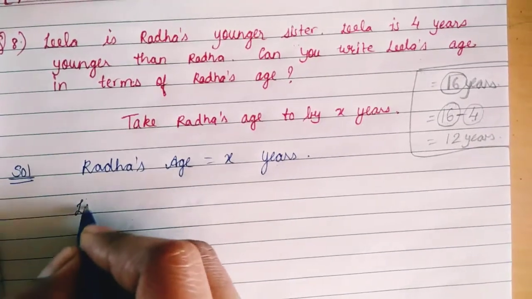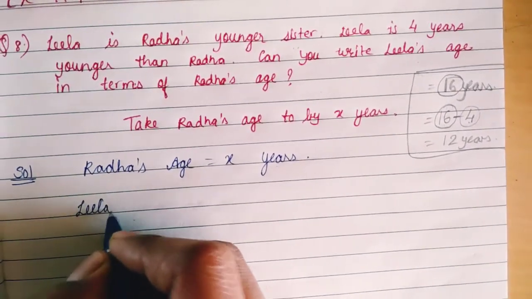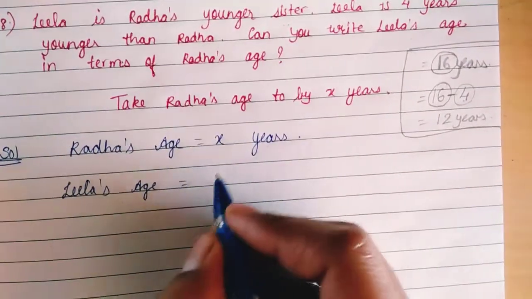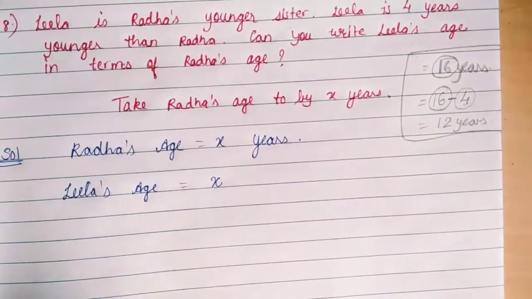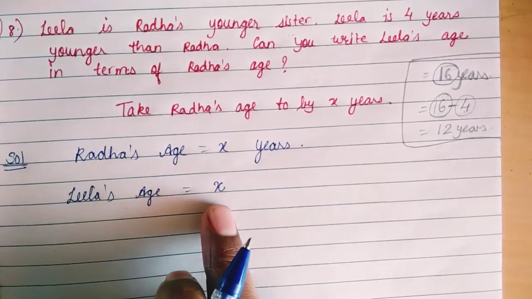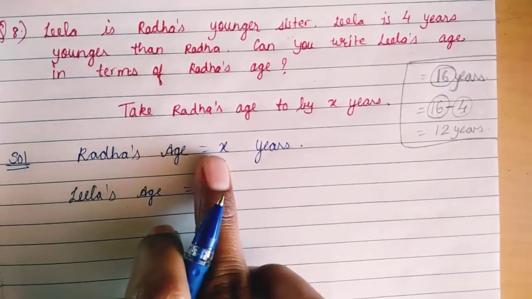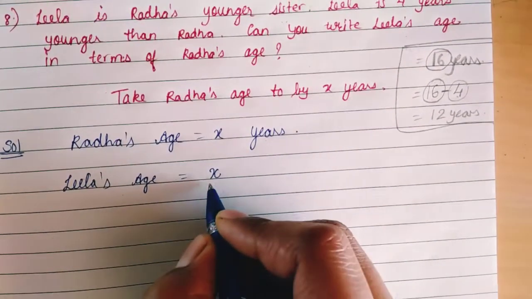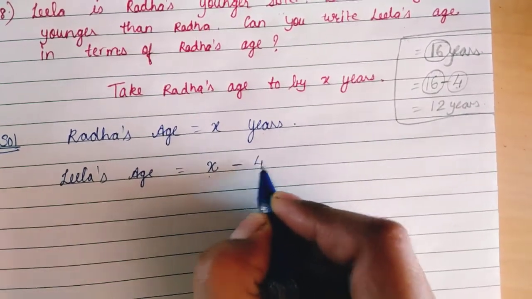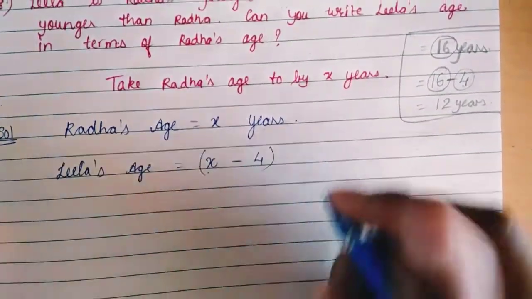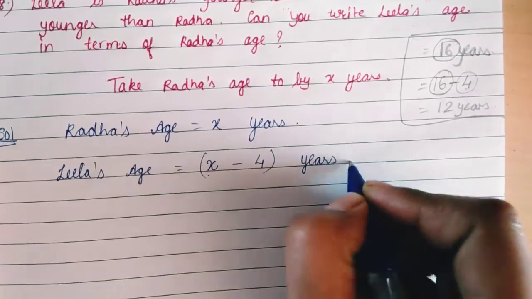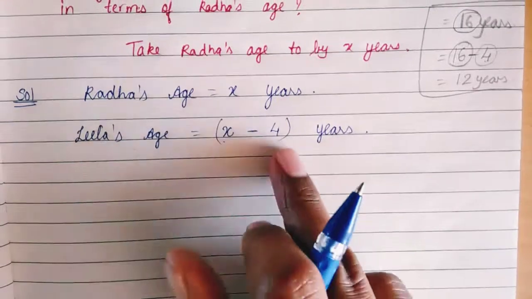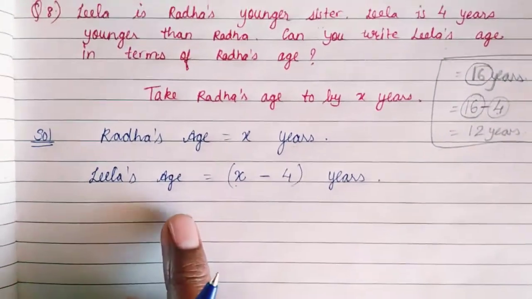We have to write Leela's age in terms of Radha's age. Leela is 4 years less than Radha. So Radha's age minus 4 will give us Leela's age.